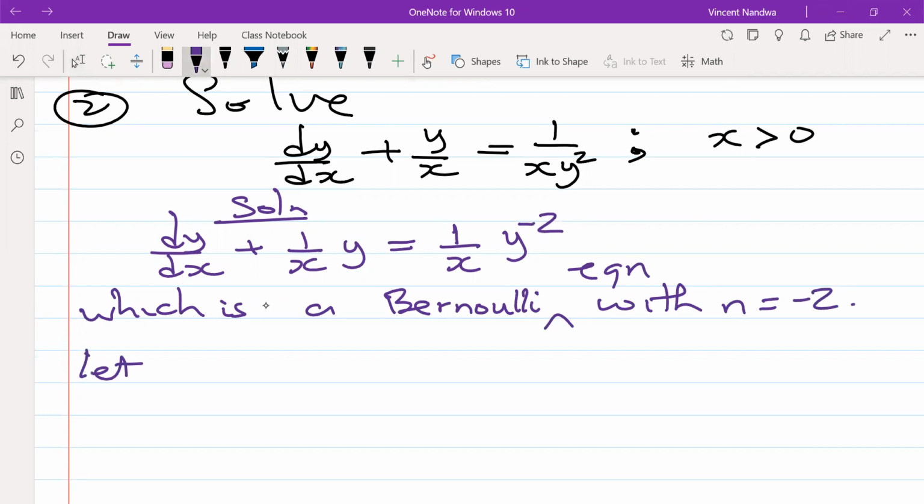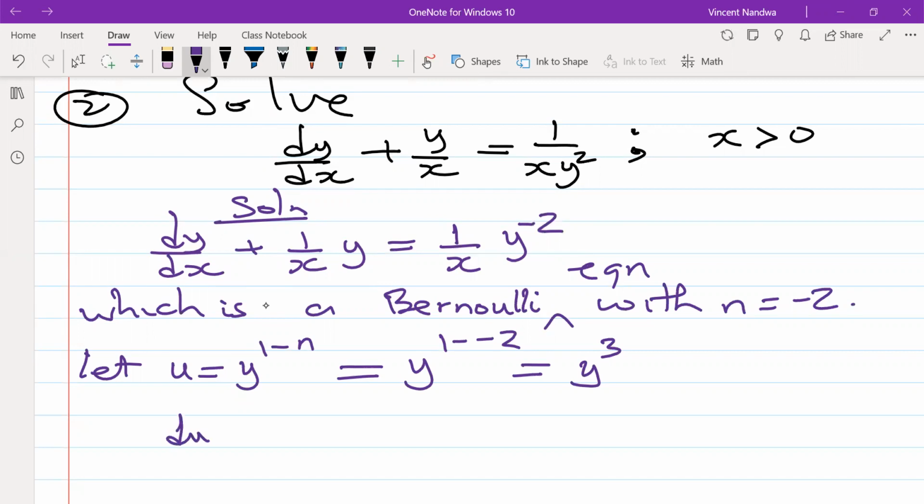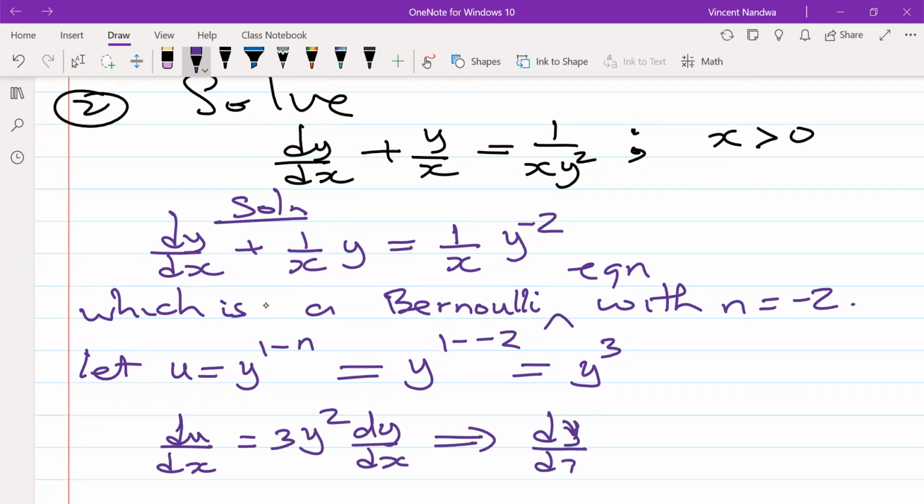So let u to be y power 1 minus n, which will be y power 1 minus minus 2, which is y power 3. So that du dx will be 3 y squared dy dx, which means dy dx equals to 1 over 3 y squared du dx.